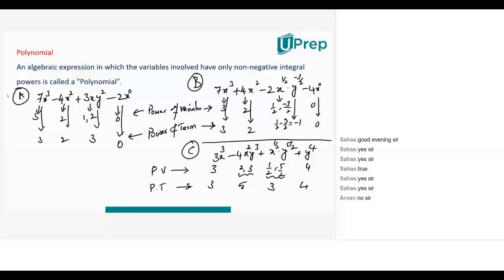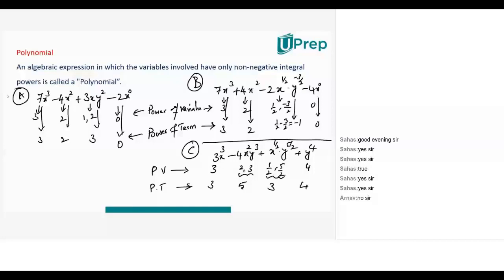Arnav, do you agree with sir? Bhumika says B is not a polynomial because there is -1 as a power, but C is a polynomial because all the powers of the terms are positive. Do you agree with her?